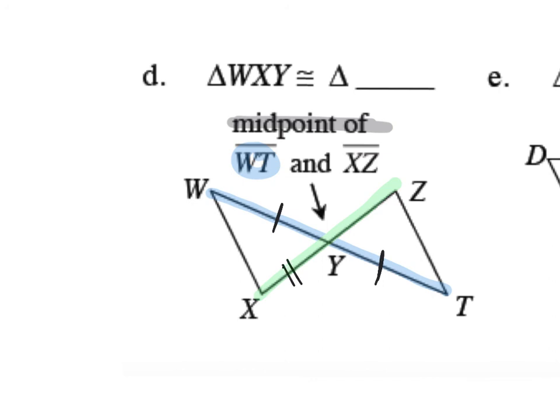And I would also know that XY is congruent to ZY. And then again, I have these vertical angles here where these lines intersect. So this would be congruent by side angle side congruence theorem. And then I would say triangle WXY is congruent to triangle TZY to finish that statement out.